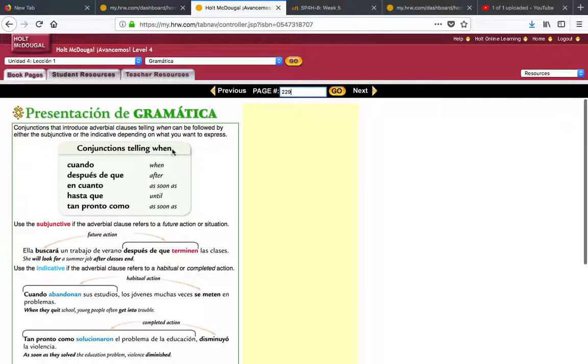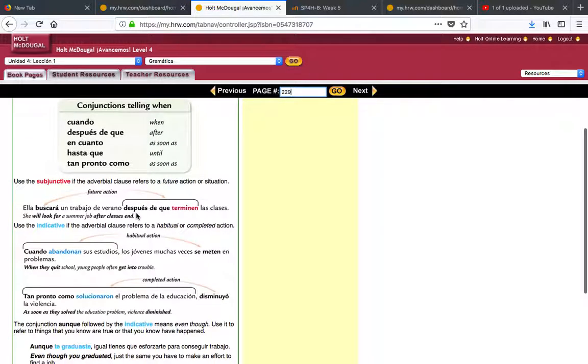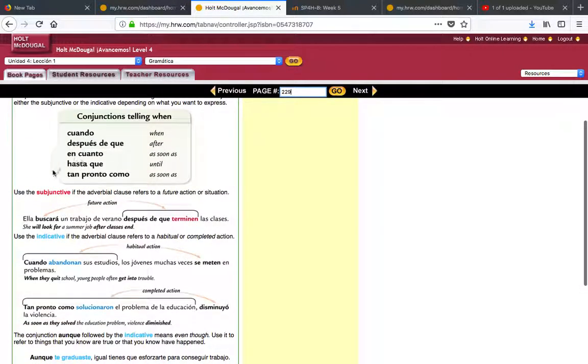Right here, which is cuando, después de que, en cuando, hasta que, tan pronto como. This group is telling when. When you use these conjunctions and the first verb you use is in future tense, the second verb after the conjunction you have to use present subjunctive. Be careful with that.